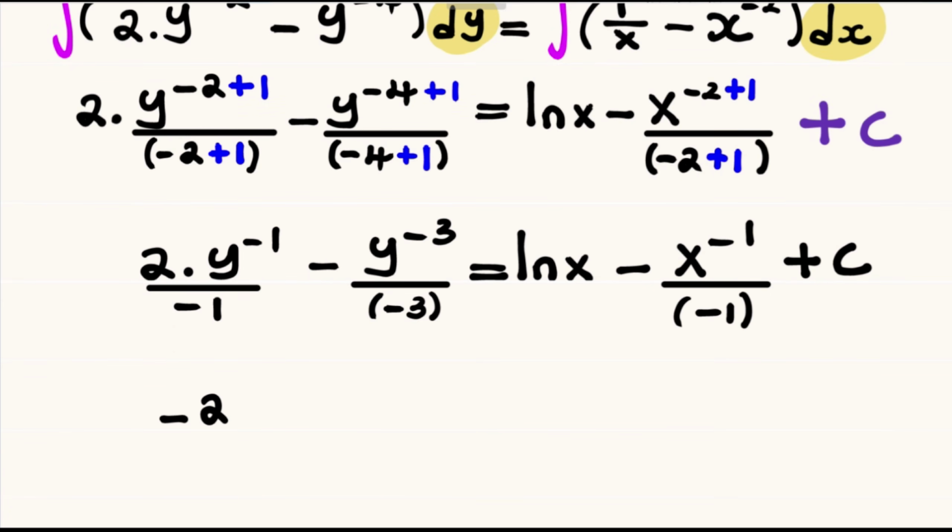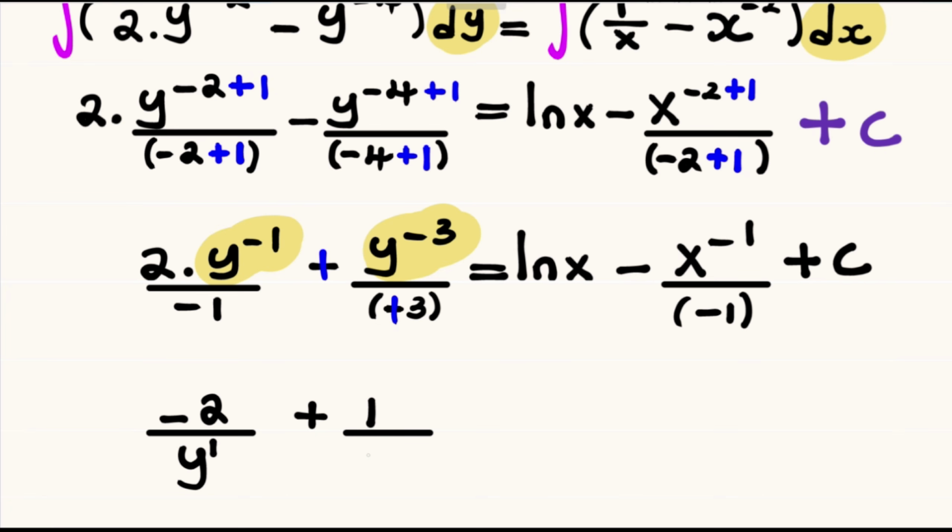We simplify further, and we have negative 2. We move that y to the power negative 1 from the numerator to the denominator. Its exponent will change sign to positive 1. That negative divided by that negative will be positive. We move that y to the power negative 3 from the numerator to the denominator. Its exponent will change sign to positive 3.